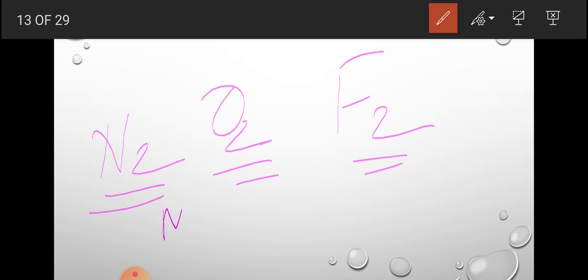As you know, nitrogen forms a triple covalent bond, so in N2 the bond order will be 3. Oxygen possesses a double bond, so the bond order of oxygen will be 2, and fluorine has a single bond, so the bond order of fluorine will be 1.